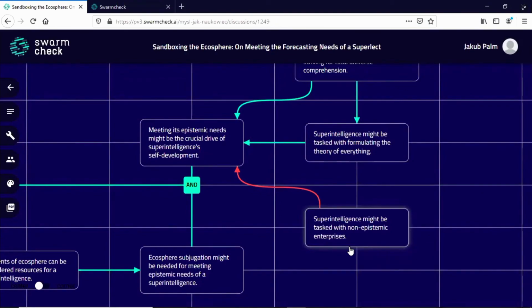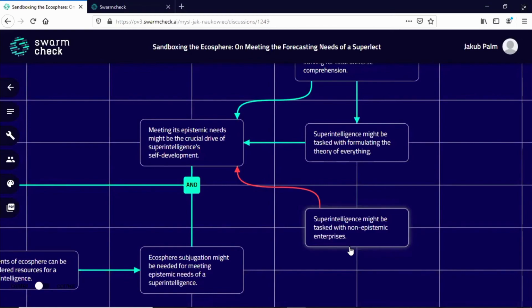The paperclip optimizer is a thought experiment that presents a superintelligent, or just artificially intelligent, being that is tasked with creating just paperclips.